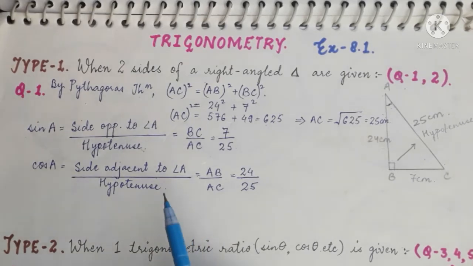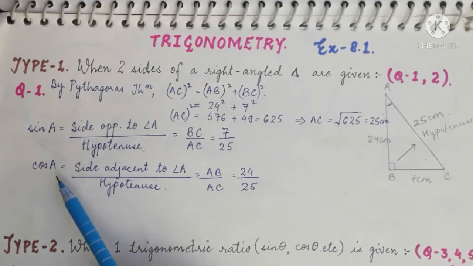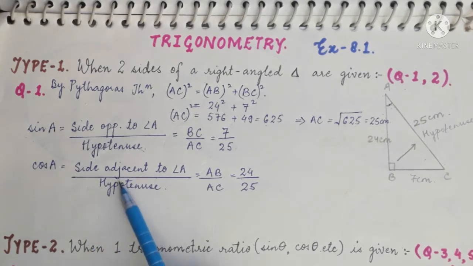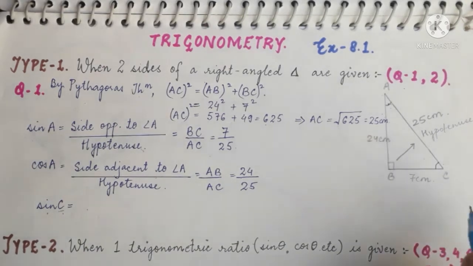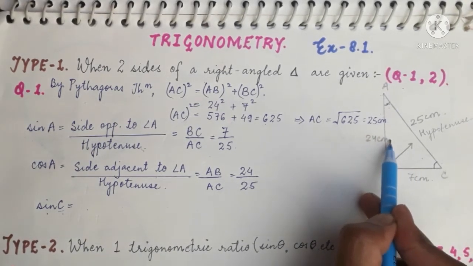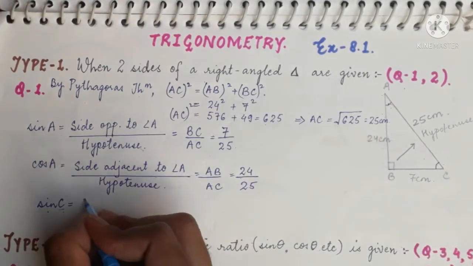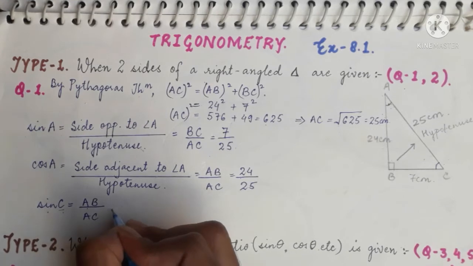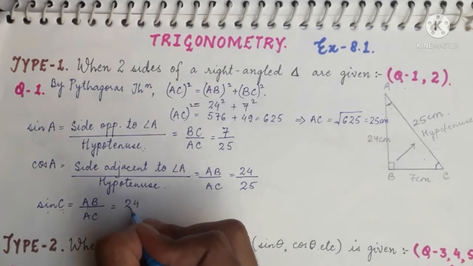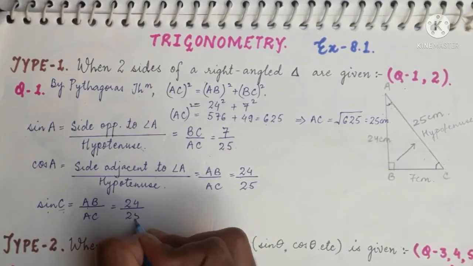Now as we have found the values of sin A and cos A, we can also find the values of sin C and cos C. So sin C will be equal to side opposite to angle C upon hypotenuse. So let's see. This is angle C and the side opposite to angle C is AB. So AB is 24 upon hypotenuse is 25.